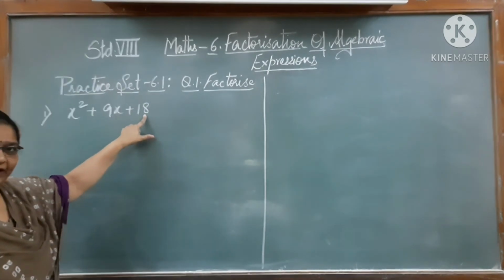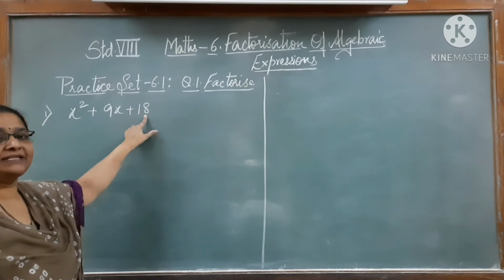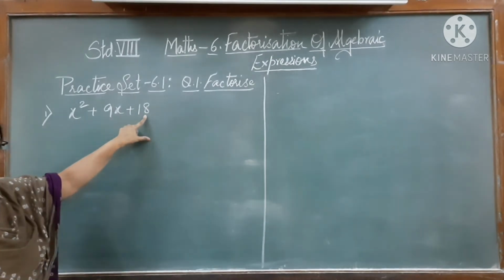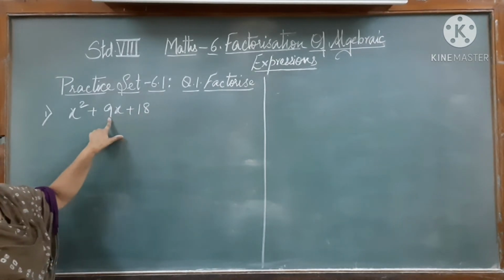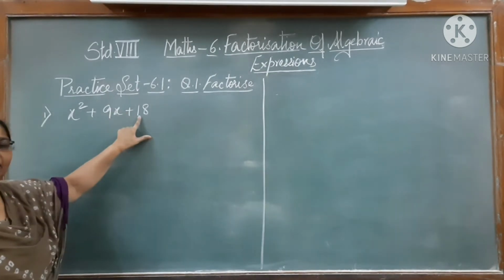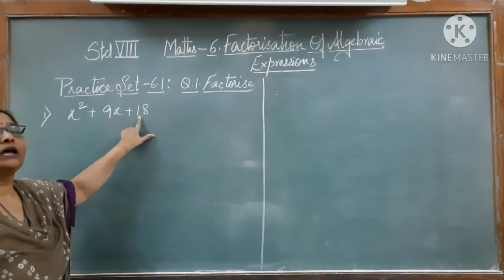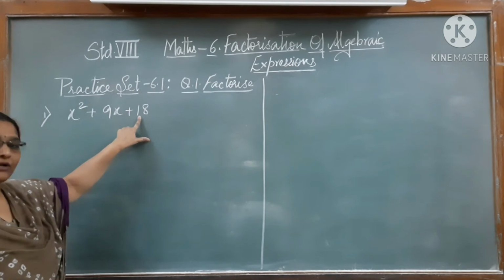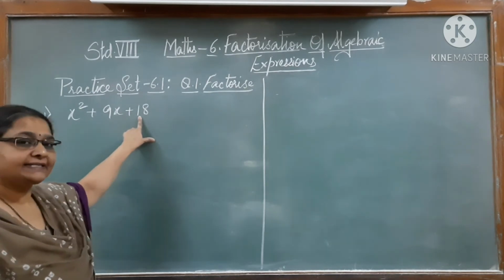When we find the factors, we should find them in such a way that the sum of the factors is equal to the coefficient of the middle term, and when we multiply, the product should be equal to the constant term. Okay, let us find here.